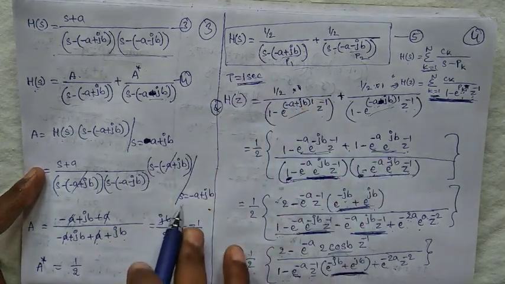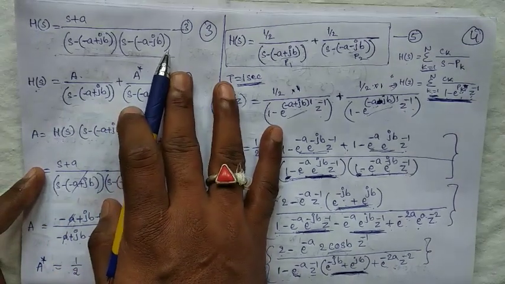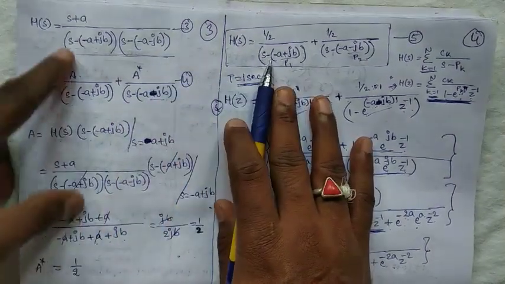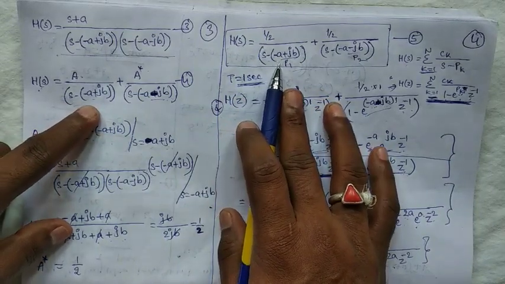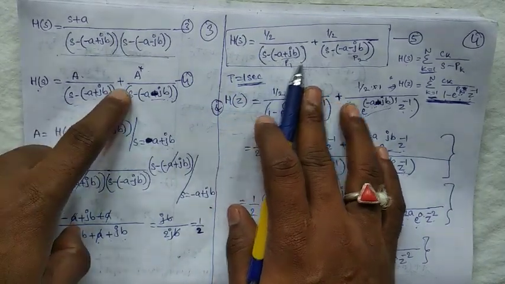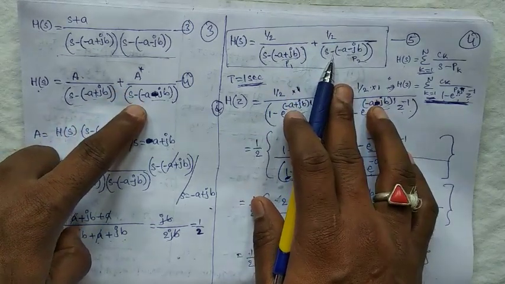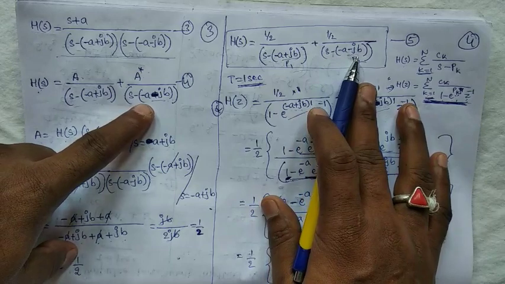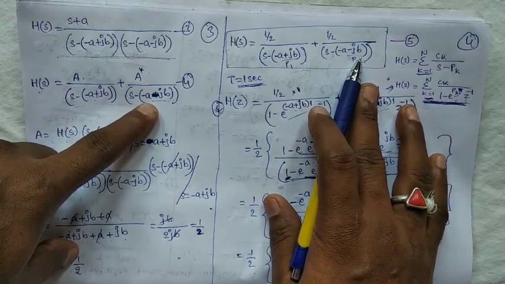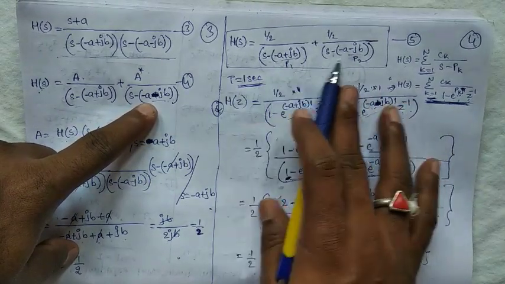Here we substitute the A and A conjugate values in equation 3. H of s becomes 1 by 2 by s minus of minus a plus jb, plus 1 by 2, A conjugate, also 1 by 2 by s minus of minus a minus jb. Here this is the pole p1, this is the pole p2.